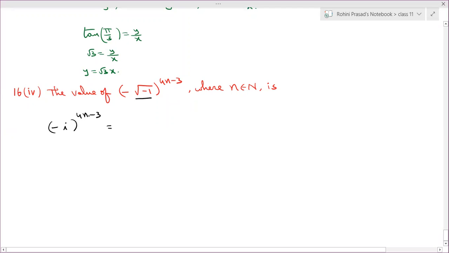So the minus 1 power, you can write it separately, minus 1 power 4n minus 3 and i power 4n and i power minus 3. So this is minus 1 and i power 4 is 1, 1 power n is 1, this is 1 and this is 1 by i cube. 1 by i cube can be multiplied and divided with i and denominator is 1. So it's minus i and that's the answer.